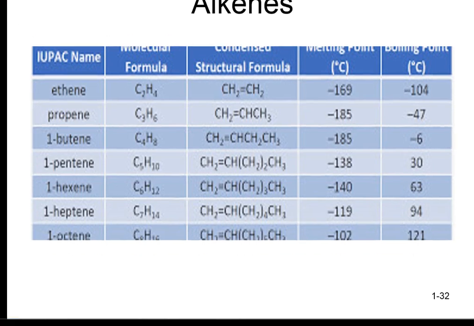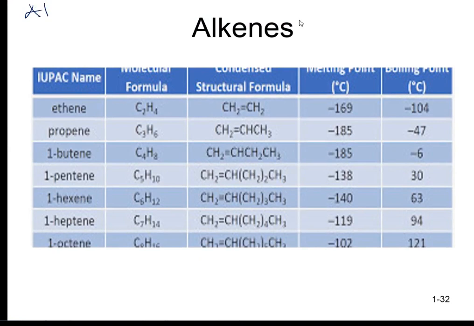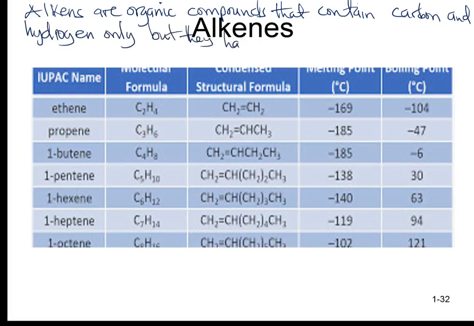So alkenes are organic compounds that contain carbon and hydrogen only, but they have a double bond.